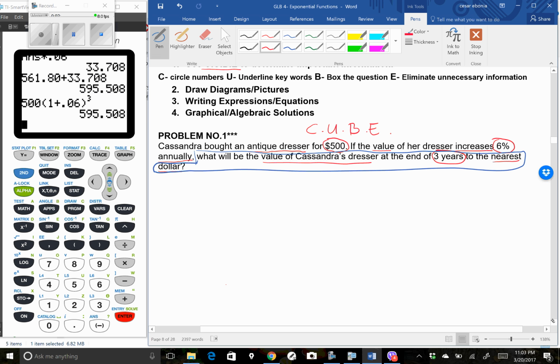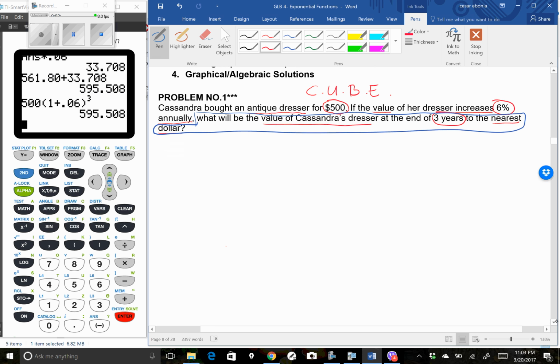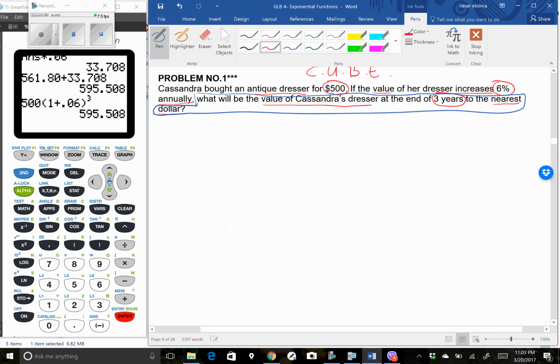So let's draw. The first sentence: Cassandra bought an antique dresser. So let's have a dresser here.